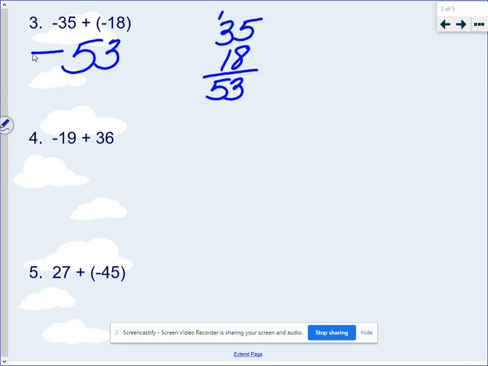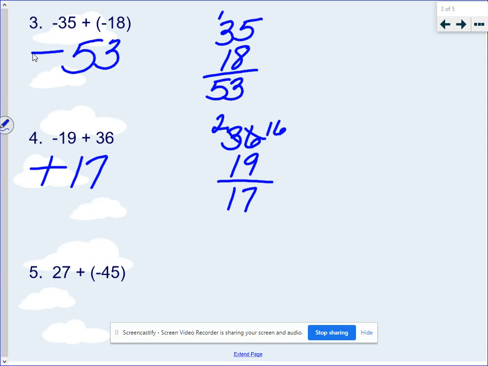So you ask yourself, do I still owe money or do I have money? Well, this time I'm going to have money. Now remember, we pay all of our debts in math class, so we're going to pay that $19 that we owe. So we come along over here, we do some side work, and we figure out that we will have $17 left in our pocket.